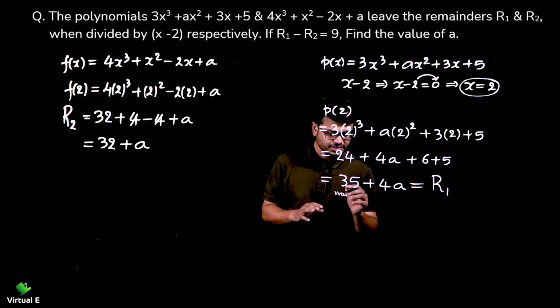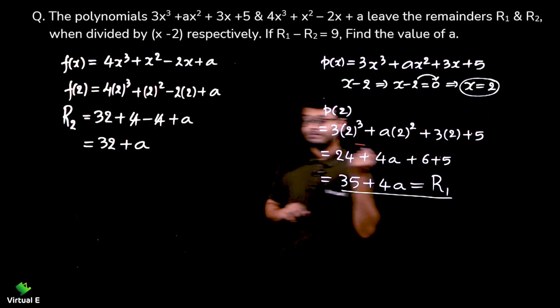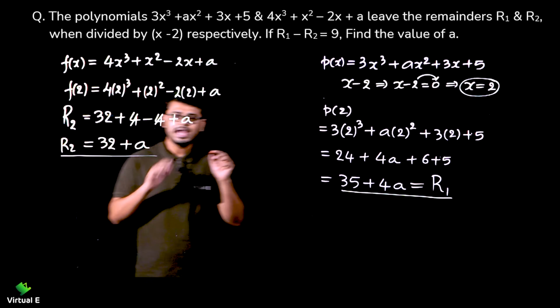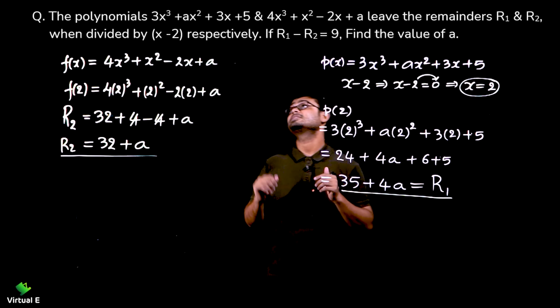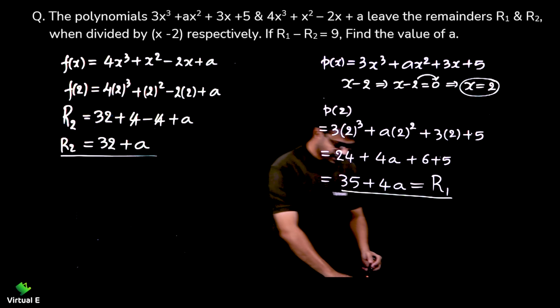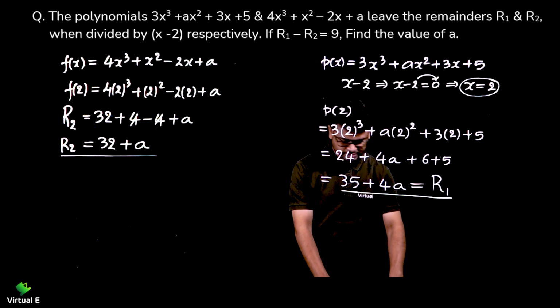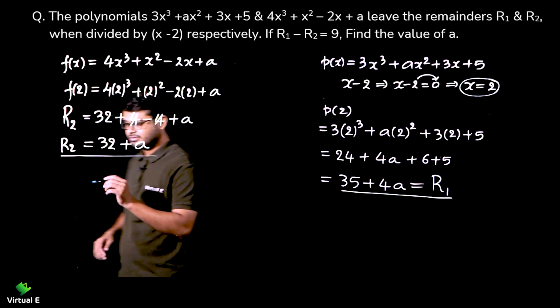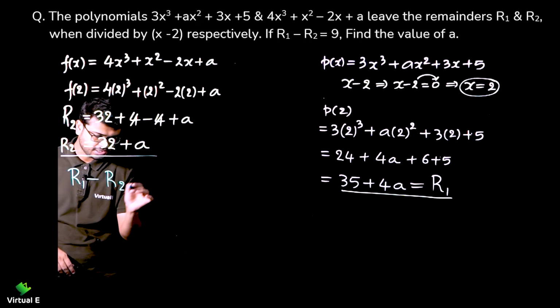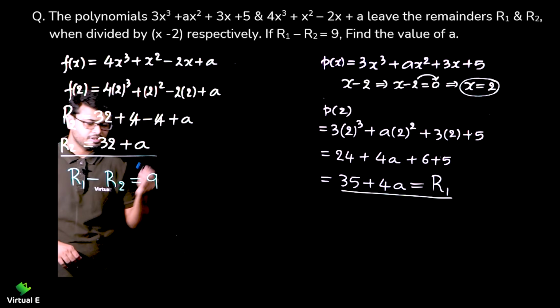So we have r1 over here, we have r2 over here. We have one relation as well, that is r1 minus r2 is equal to 9. So let's start with that relation and substitute the values. r1 minus r2 is equal to 9.